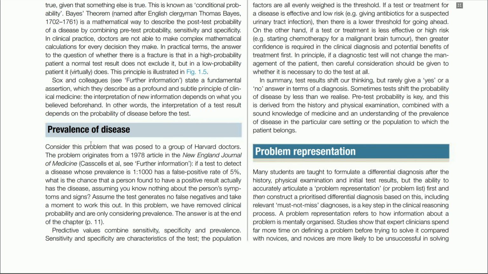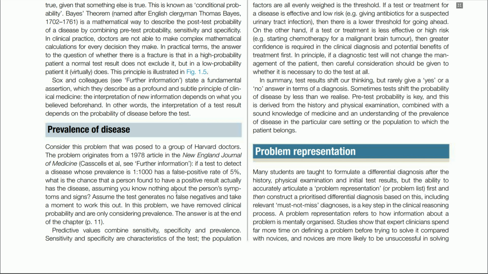Prevalence of disease. Consider this problem that was posed to a group of Harvard doctors. The problem originates from a 1978 article in the New England Journal of Medicine. If a test to detect a disease whose prevalence is 1 in 1000 has a false positive rate of 5%, what is the chance that a person found to have a positive result actually has the disease?